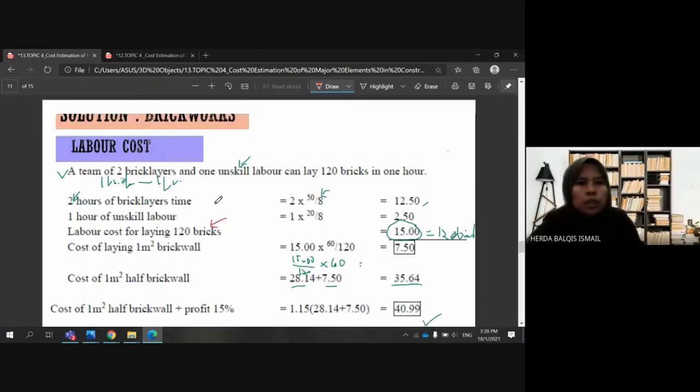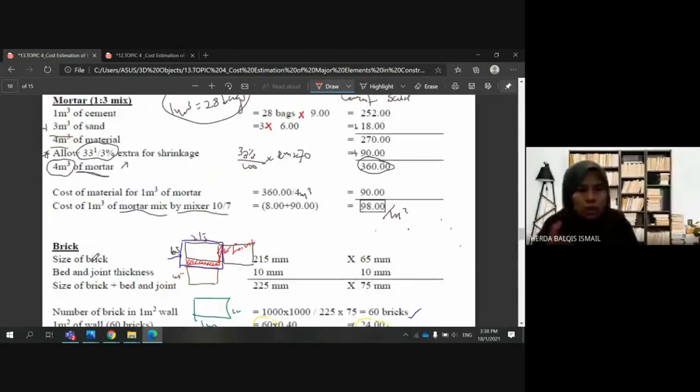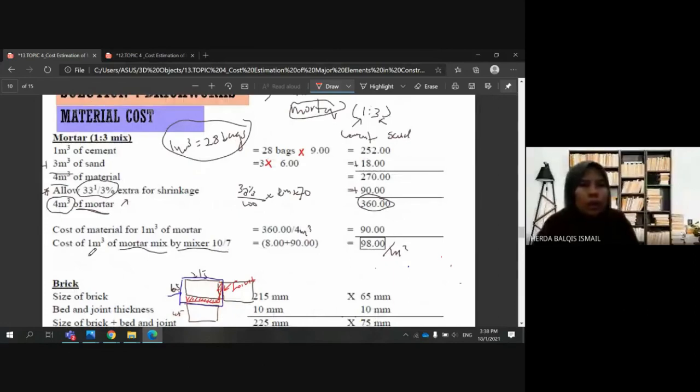Alright, so for the bricks here, don't forget to take into consideration the wastage. If not mentioned in the question, you need to consider it. As stated in the table of constants, you need to allow 5%. Same goes for the shrinkage. It is not stated in the question straight away, but you need to know the properties of the materials: when you pour with water, it will shrink.